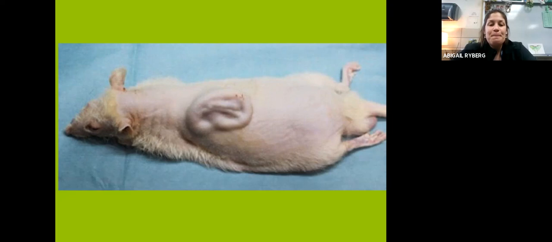So these scientists inserted the ear, laced with stem cells, into the rat.